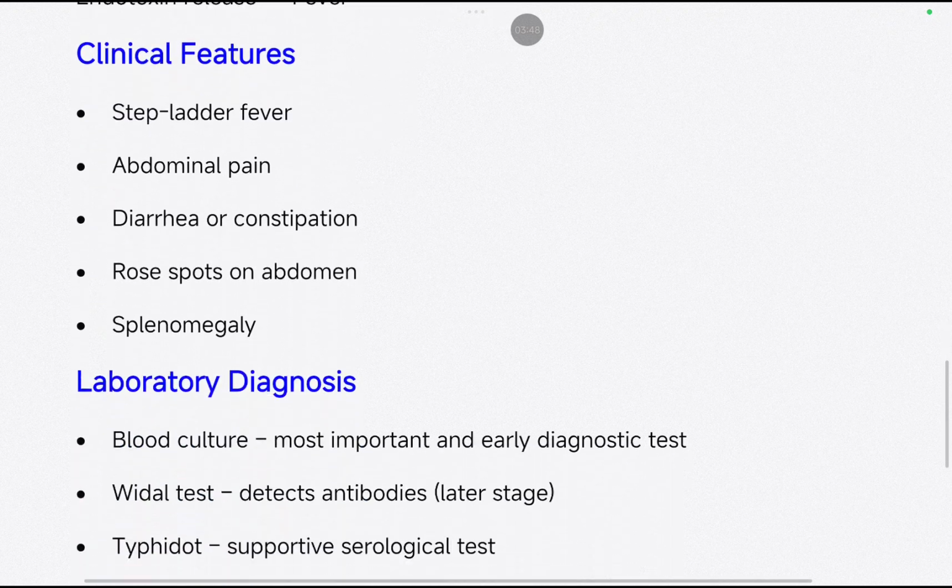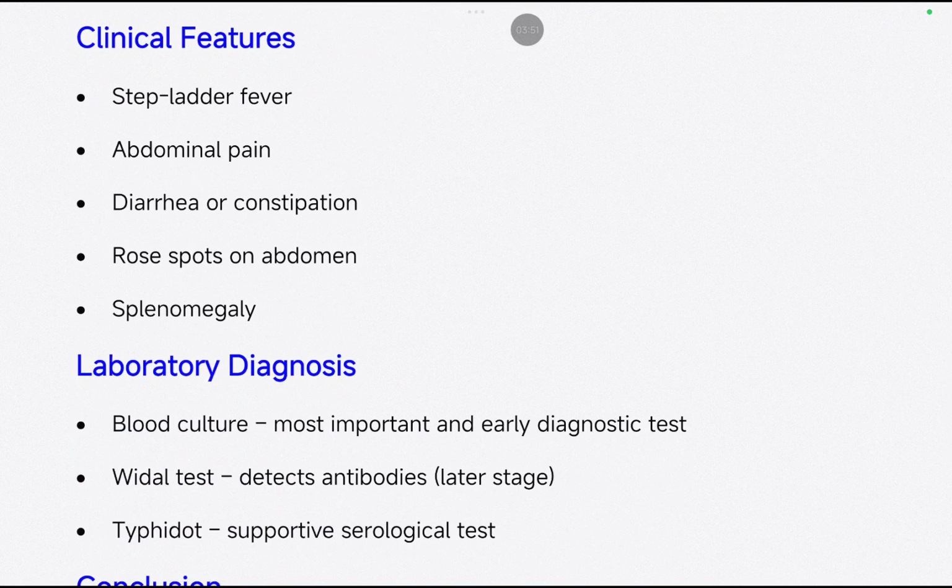What are the clinical features? You will find a step ladder fever. Step ladder simply means that the fever would increase at definite intervals. You will not find a shooting fever where suddenly the temperature is high. The temperature would rise in a step ladder fashion. Since it is attacking the small intestine, there would be abdominal pain.